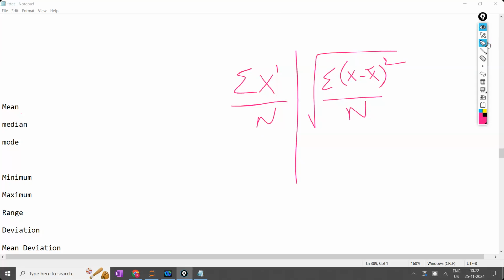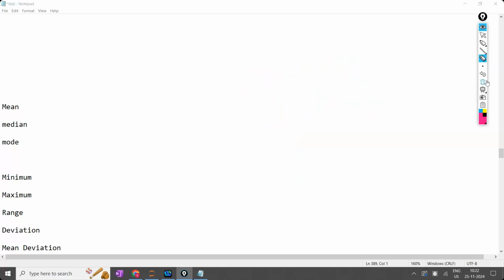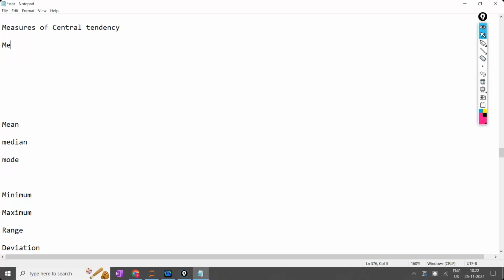The third business movement is called skewness. Skewness comes under the third business movement. Basically, we have measures of central tendency, which is mean, and measures of central tendency are also the first business movement.